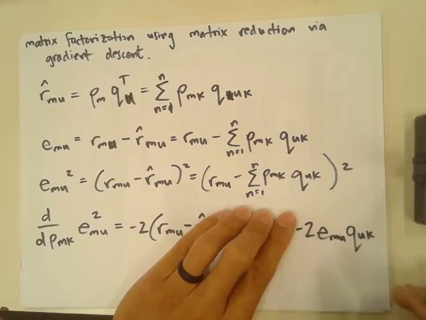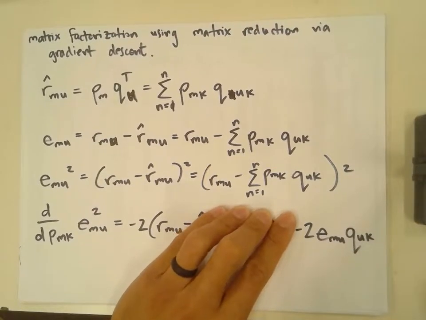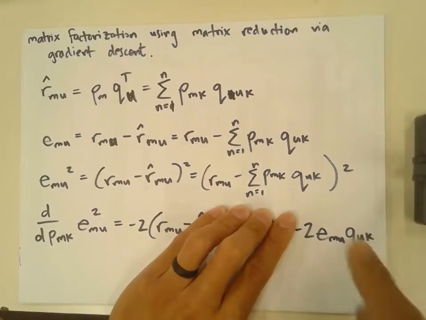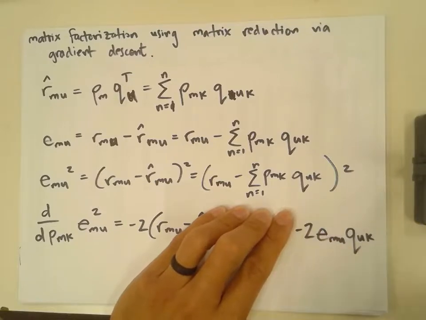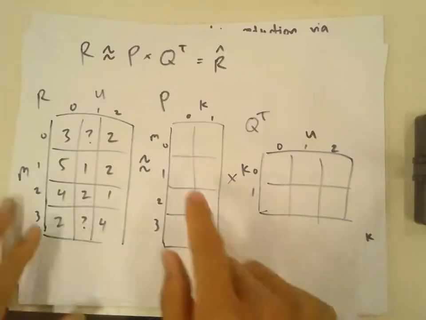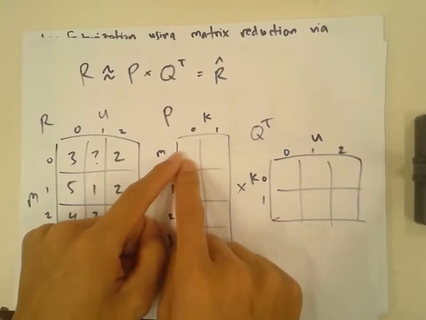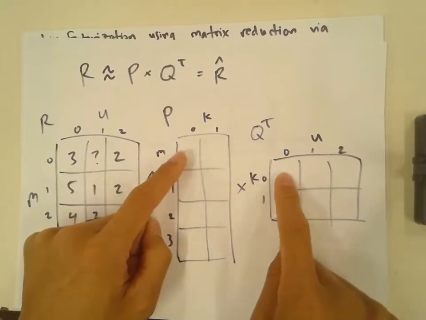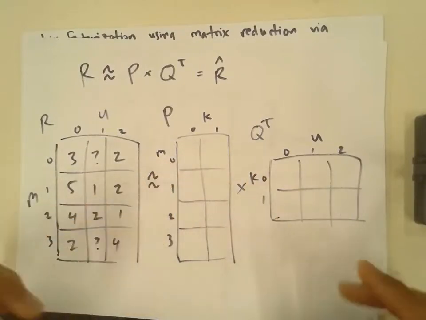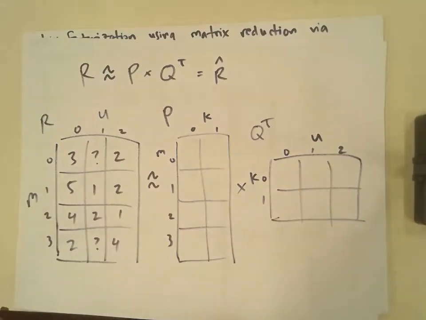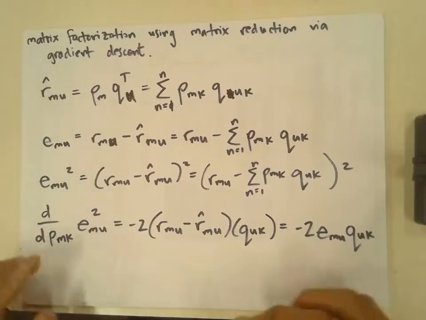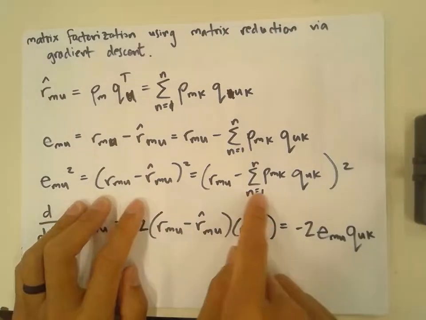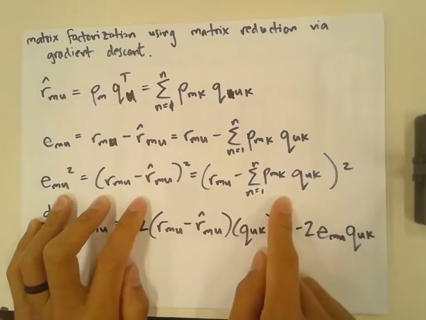Now, if you remember from gradient descent using linear regression, we're going to take the derivative of the error function, and that tells us how much we need to push our p and our q values, and in which direction, positive or negative, so that we can get to the minimum, the place where the amount of error is minimized.